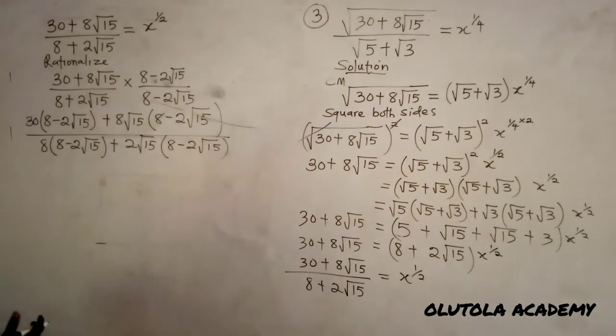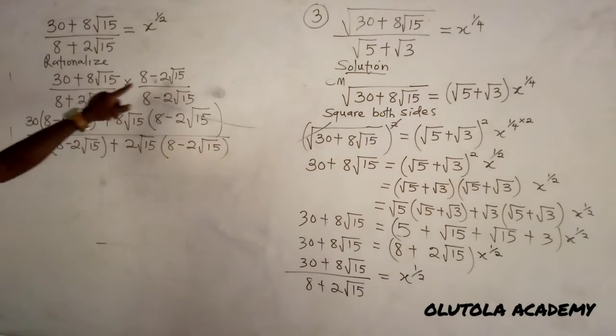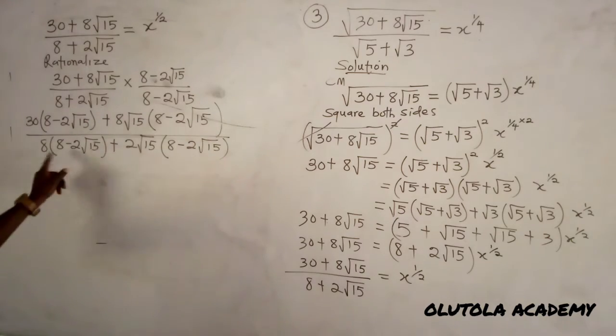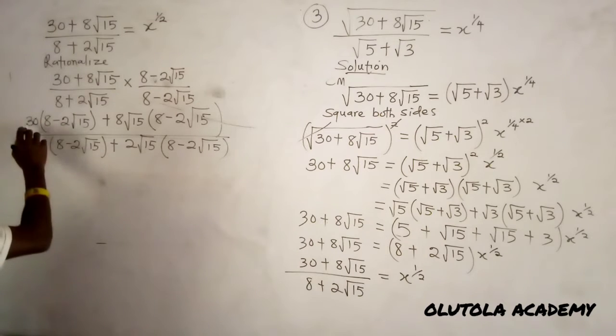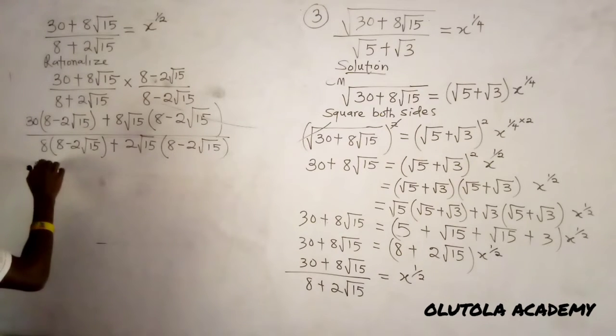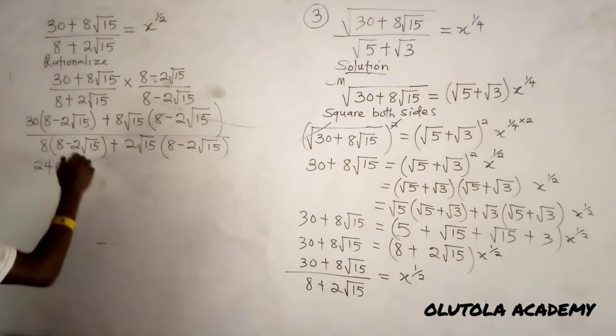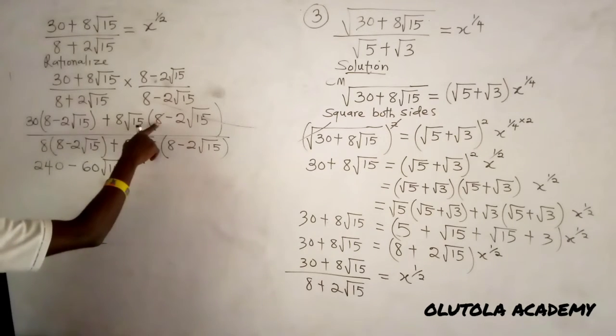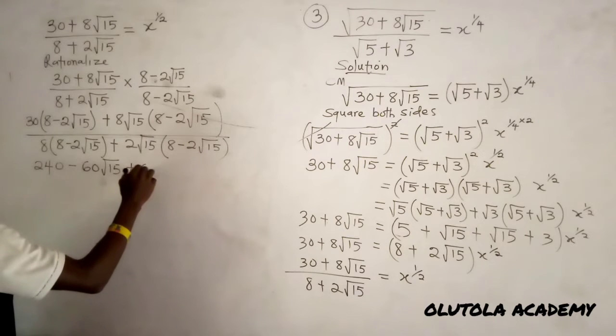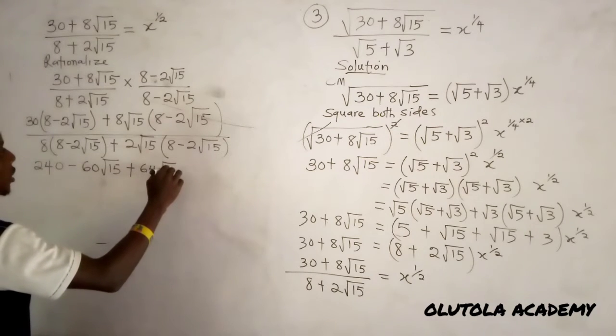Okay, so here we go. This multiplied by this, multiplied by this. That's what I'm trying to do here. So I have this times this, 240 − 60√15. Then this times this, I have plus 64√15.